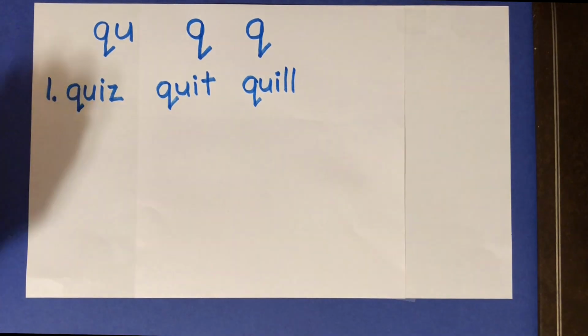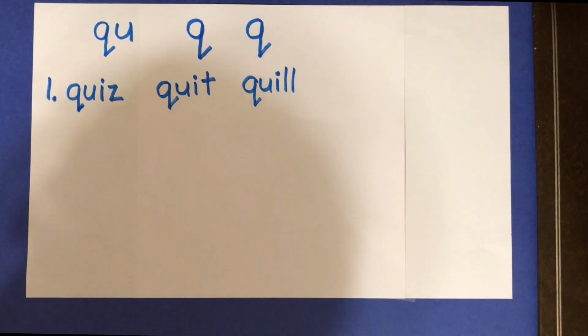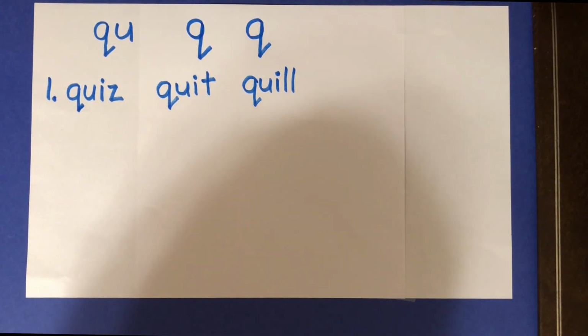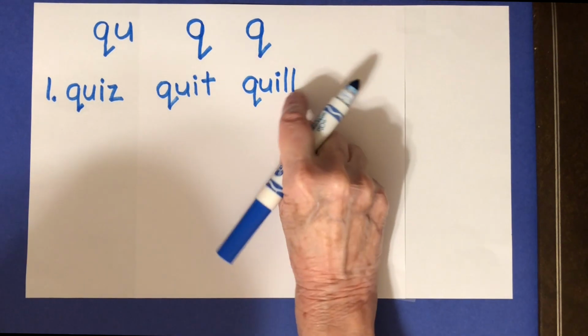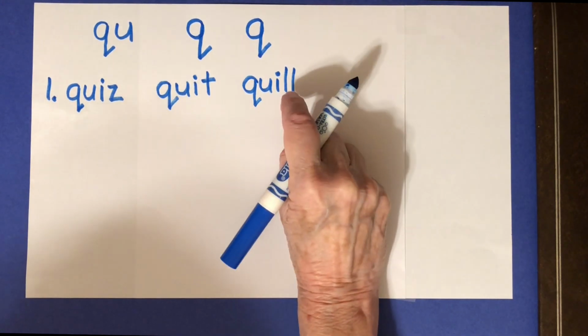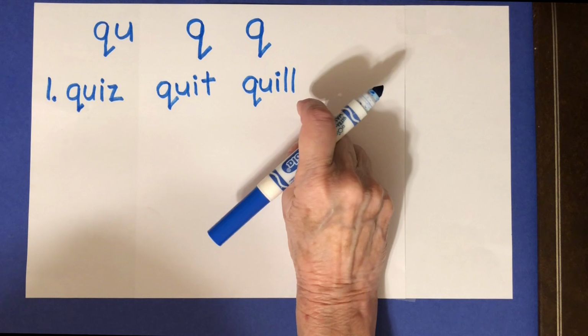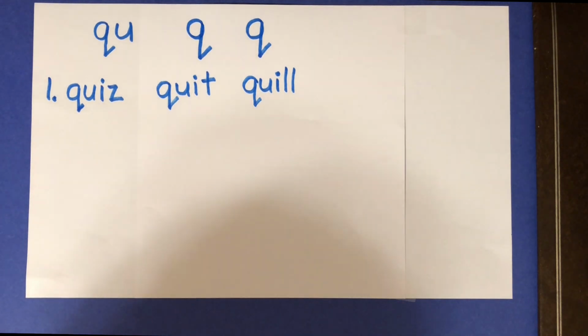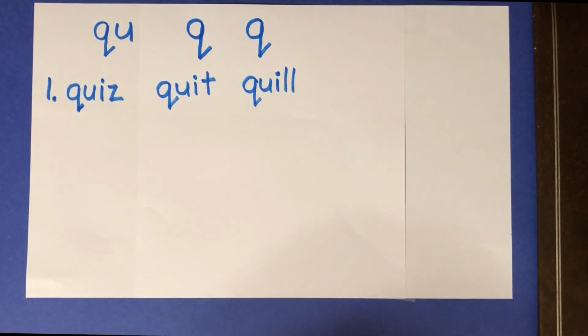Quill. The two L's only make one sound. So even though you have two, they only make one sound. A quill is the large feather from the wing or tail of a bird. A long time ago, people used them as pens.